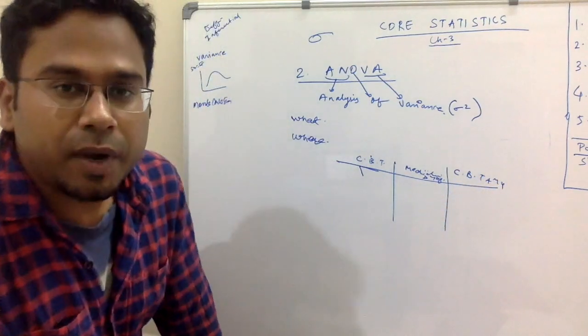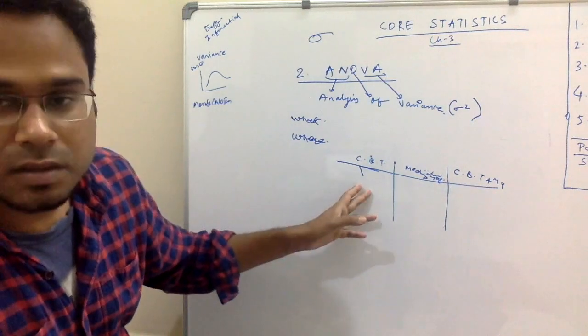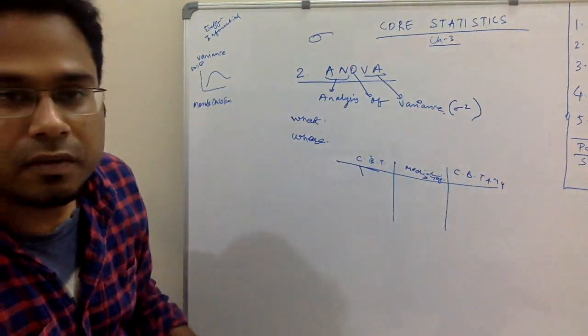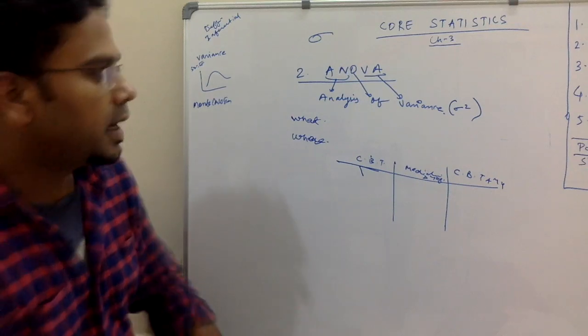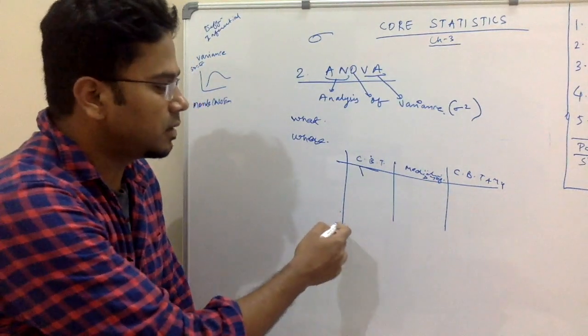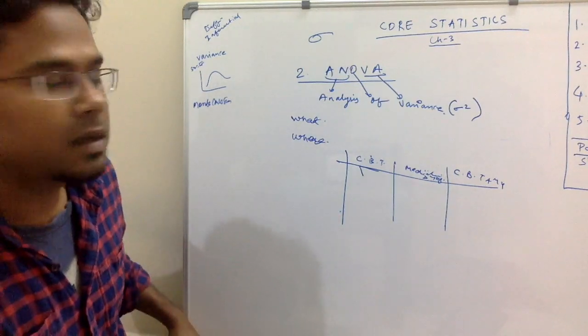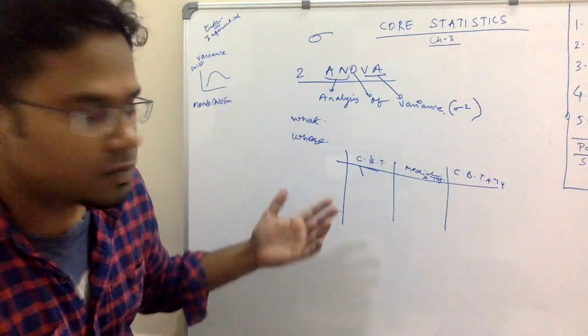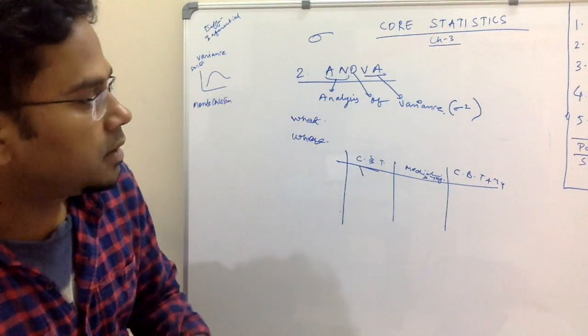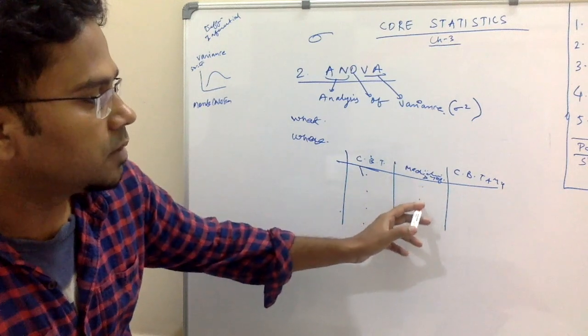So you want to find out whether this is the most effective method, or this, or this. In that case, you will measure the emotional states using some kind of objective criteria. You come up with scores which measure their degree of schizophrenia, and that score you will put here for each of them.